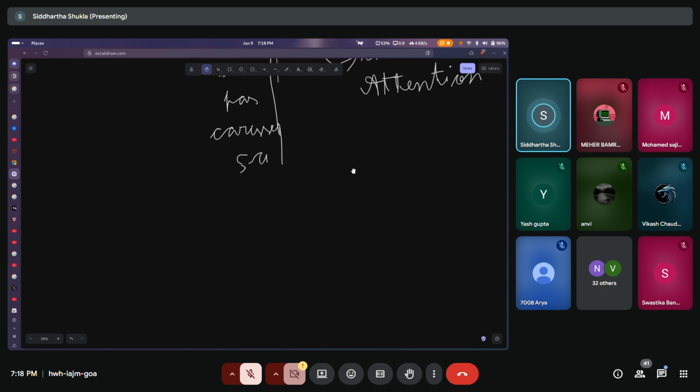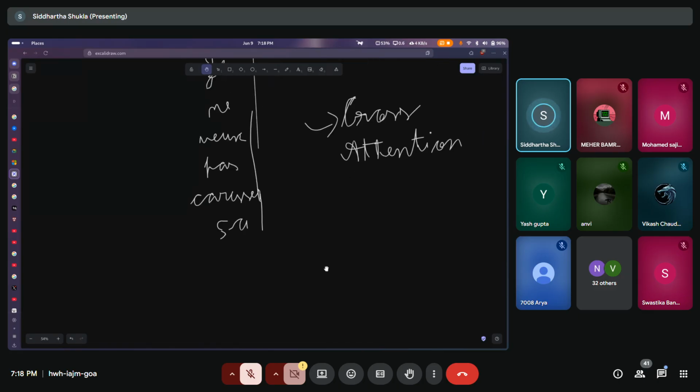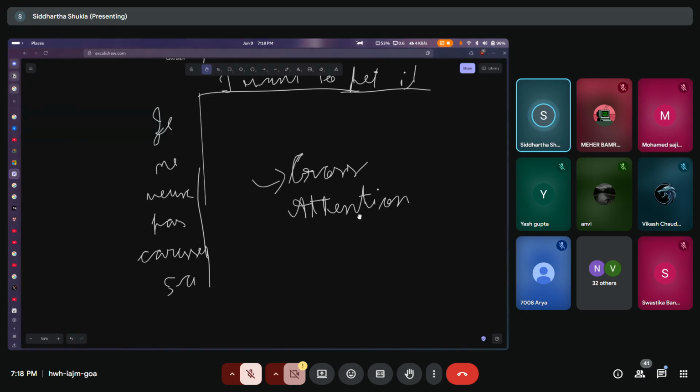Earlier, Google used a state of the art LSTM, long short-term memory model, which is basically an advanced RNN model, for translating text from one language to another. But since the advent of transformers, the task has become really efficient and accurate, and Google Translate uses cross attention.